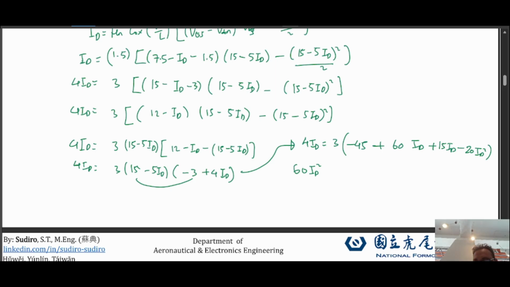then 75 times 3 is 225 ID plus 4 ID, and plus 135 equal to 0.